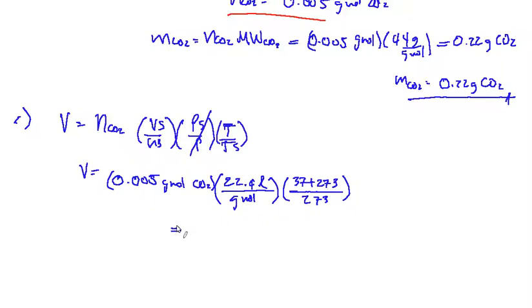So let me calculate that for you guys. 0.005 times 22.4 times 37 plus 273, divided by 273. I got 0.127 liters. So you can either leave it like that or use it in milliliters, which will be 170 milliliters.